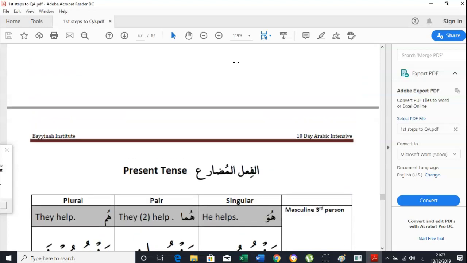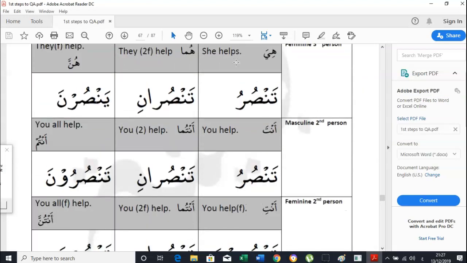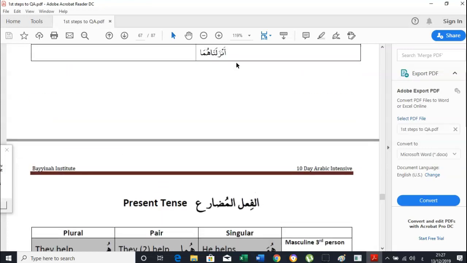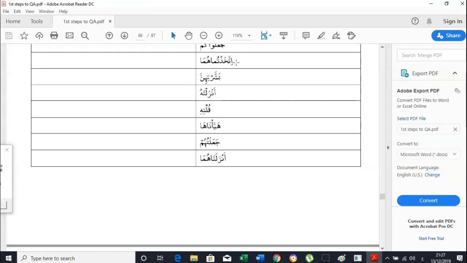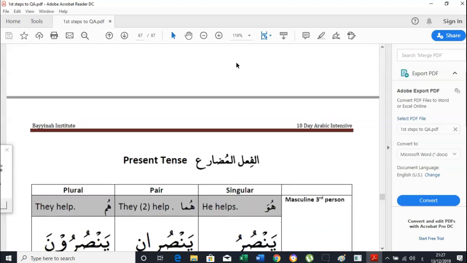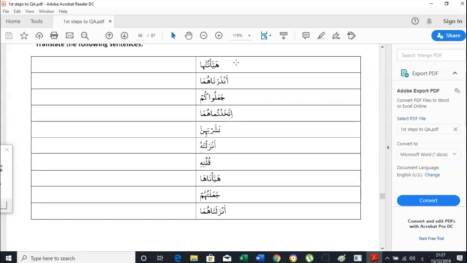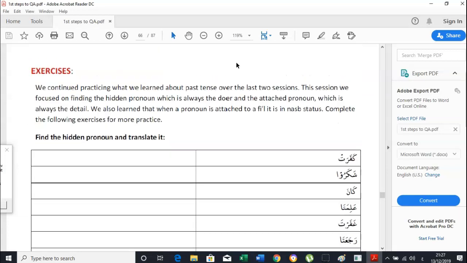Because at the end of this lesson, I was supposed to get you to memorize the present tense for next week as well. But I'll leave that. Okay, so up to that page, this one here. There's actually present tense as well.